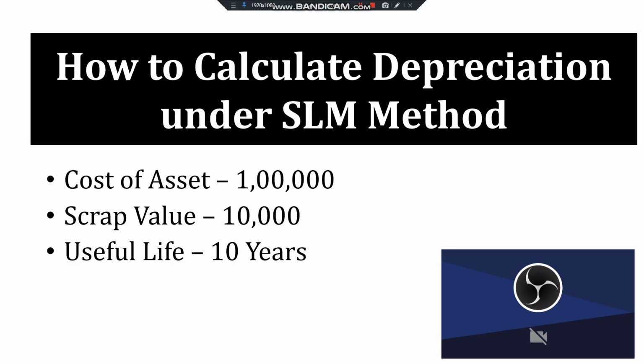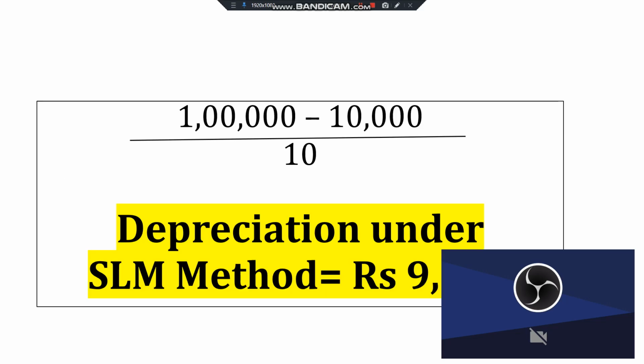The depreciation is 9,000 every year under the SLM method, because cost of the asset 1 lakh minus 10,000 scrap value, divided by 10, is 9,000. Every year till its useful life of 10 years, this depreciation amount remains the same at 9,000 under the SLM method.